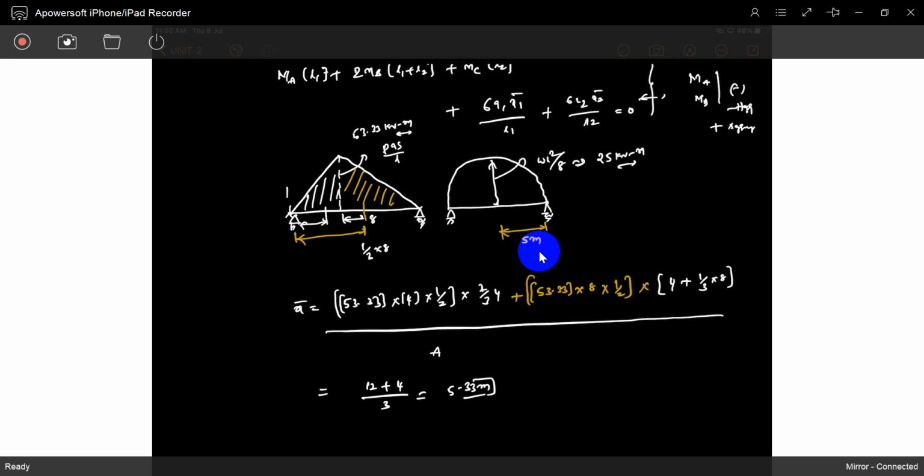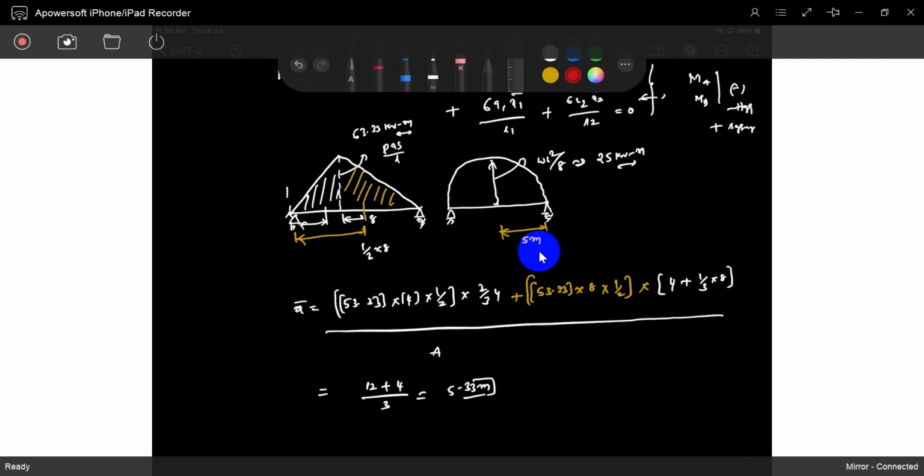Doing, then it automatically will come into your mind. So centroidal distance is exactly 5.33. This is the centroidal point. It will come to its center.